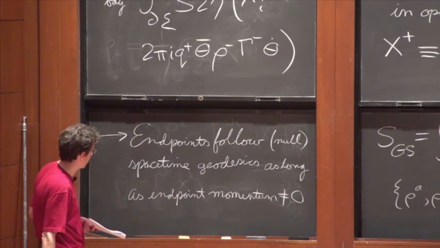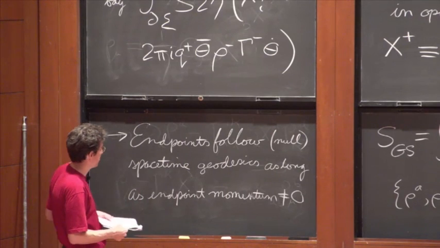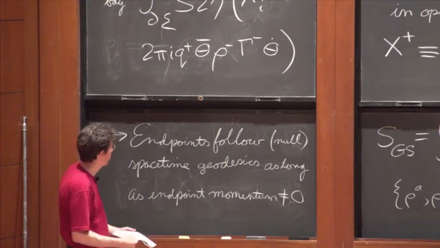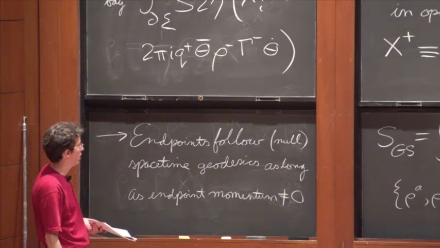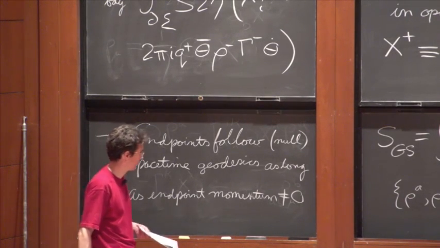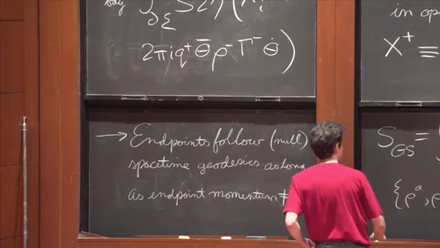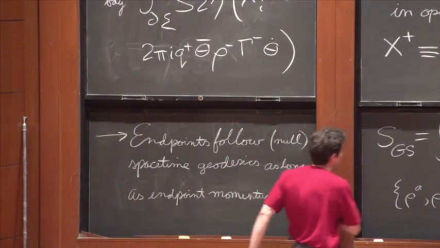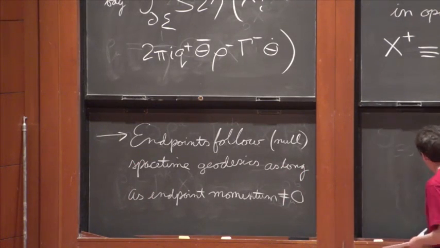That certainly distinguishes these types of classical string trajectories from more generic ones, because ordinarily the endpoints of strings are only required to follow null trajectories, not necessarily geodesics. Okay, so how do we argue something like that?